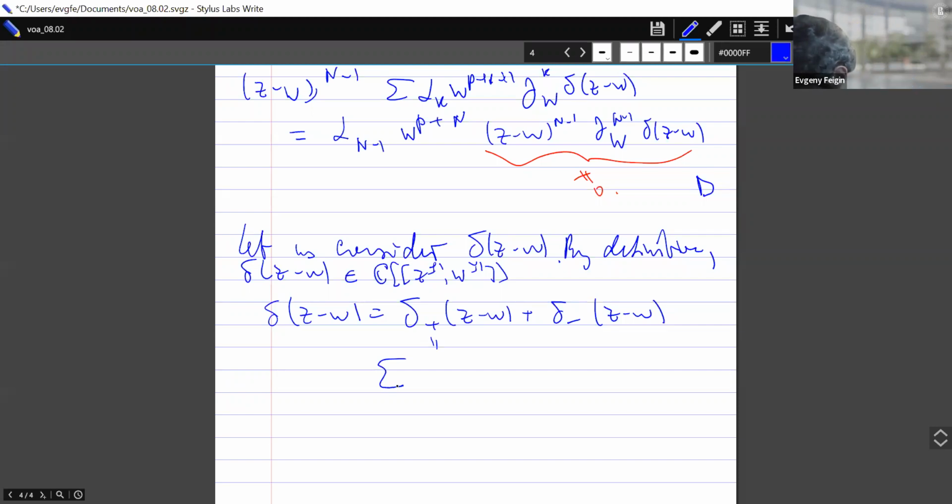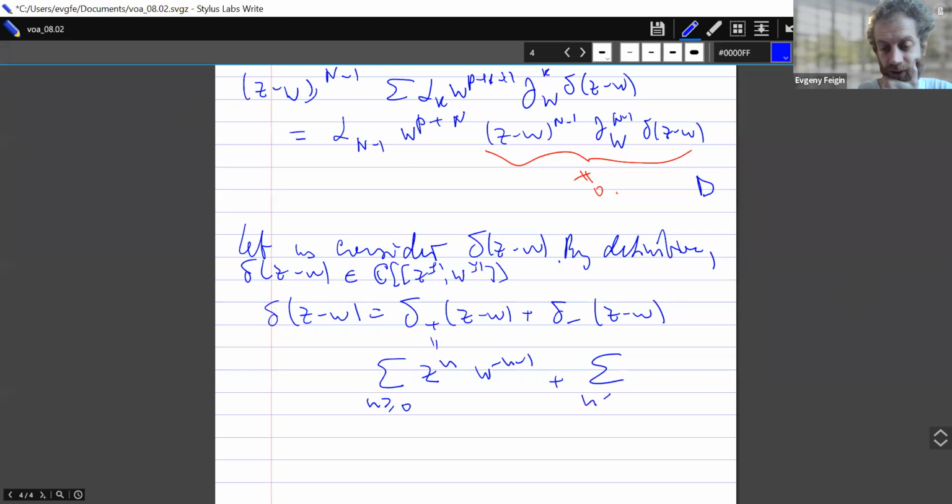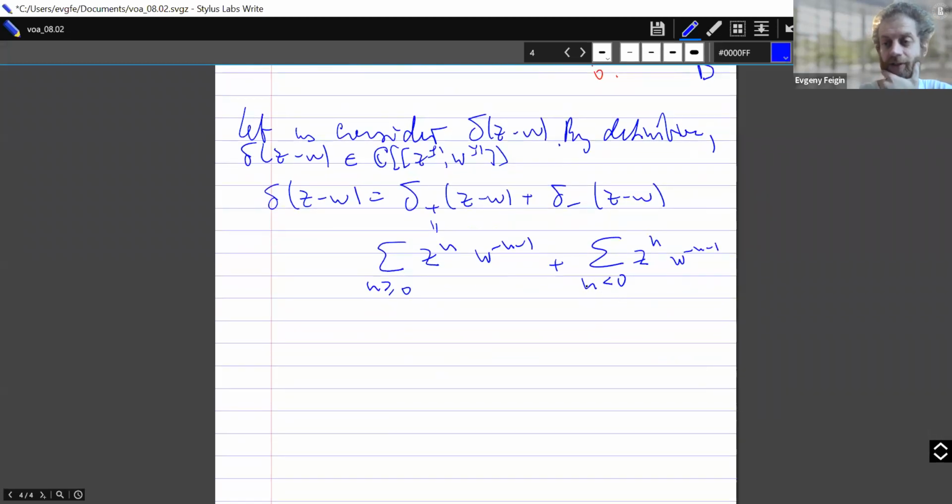Delta plus will denote the non-negative powers of Z, and delta minus is going to denote negative powers of Z. And of course, this second term can also be written as the sum over n greater than 0 of W to the n Z to minus n minus 1.